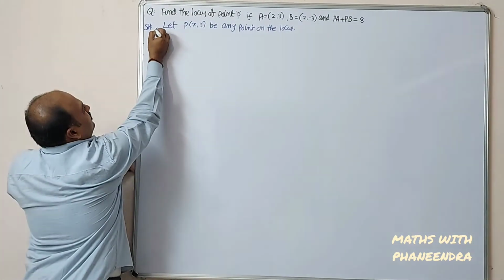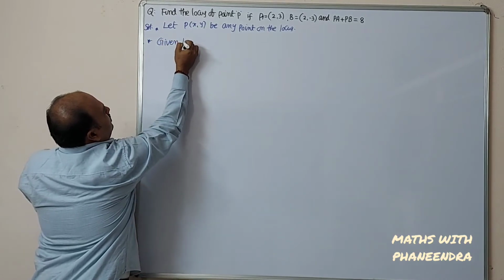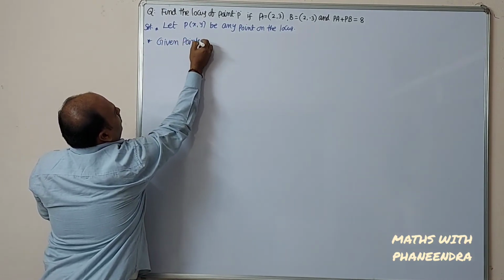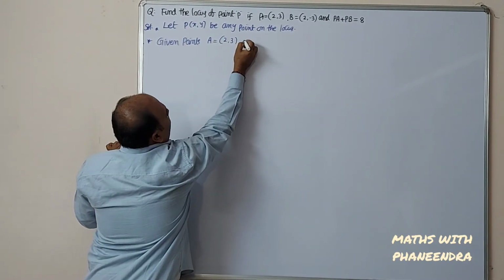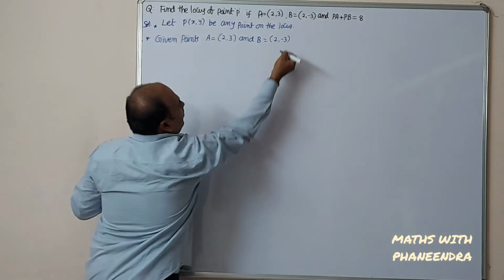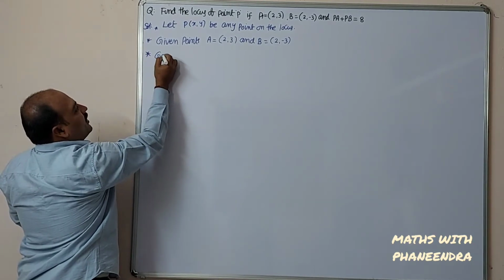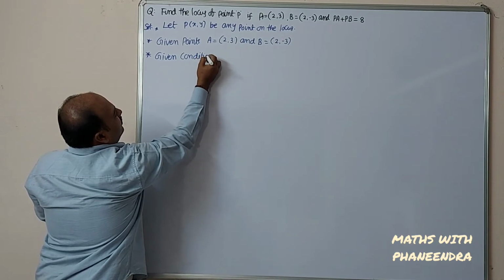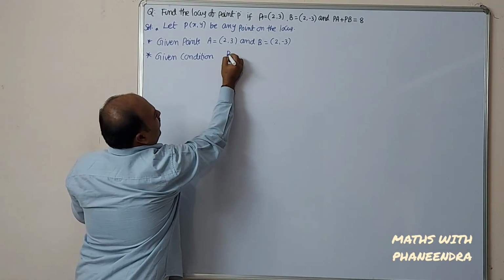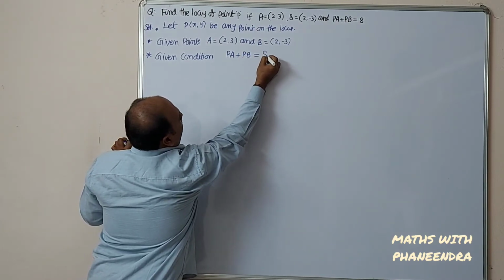Second step is, given points: one is A, that is 2 comma 3, and another one is B, 2 comma minus 3. And here a condition is also given, the given geometrical condition: PA plus PB is equal to 8.